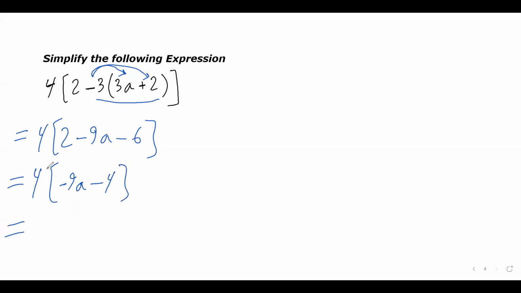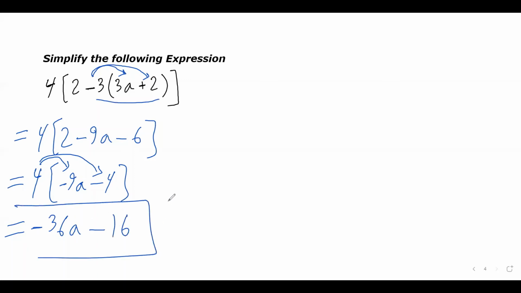And now we can distribute this 4 into this bracket. So I have to multiply this 4 by this first term and then by the second term. So 4 times negative 9a, that's negative 36a. 4 times negative 4, that's negative 16. This is our simplified form of this expression.